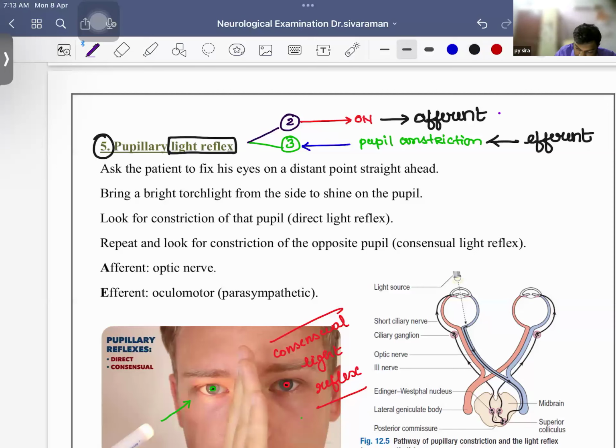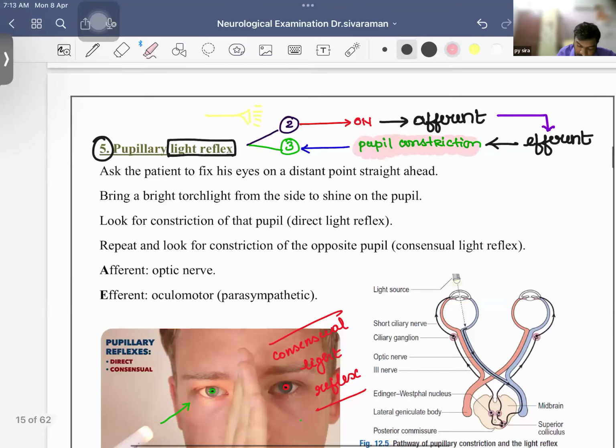So what you do is show light like this. When you show the light, the optic nerve perceives the sensation, and through the efferent, it causes pupillary constriction.